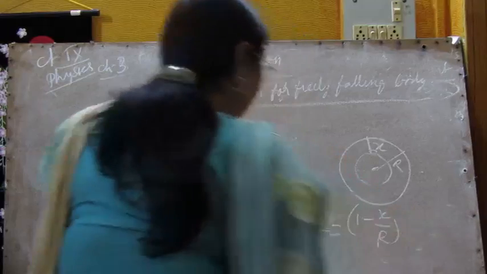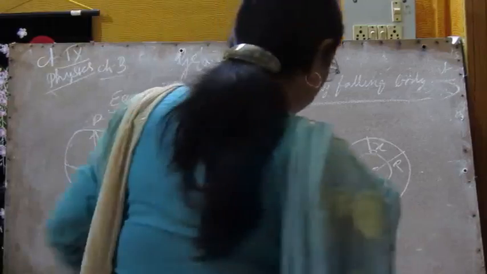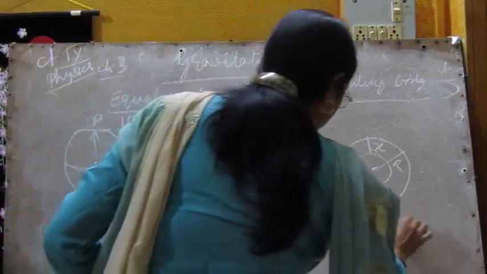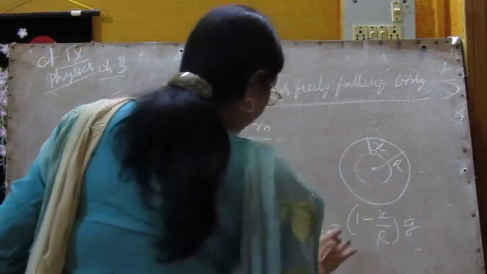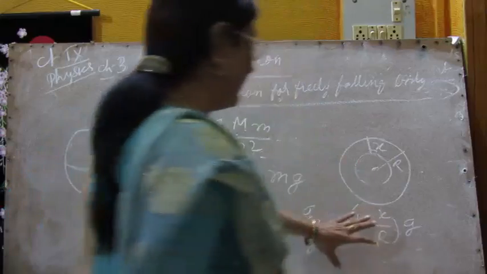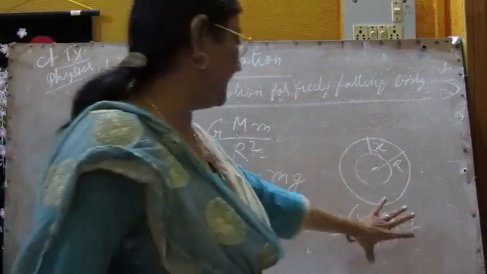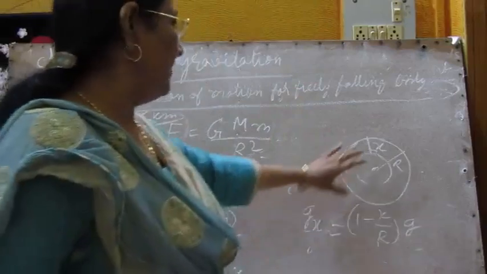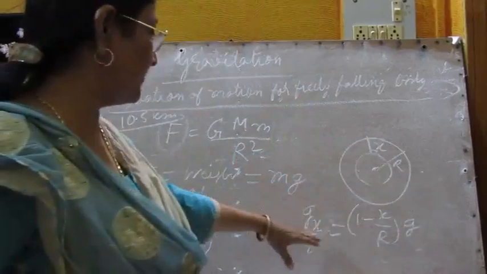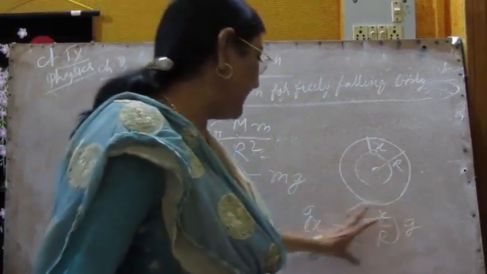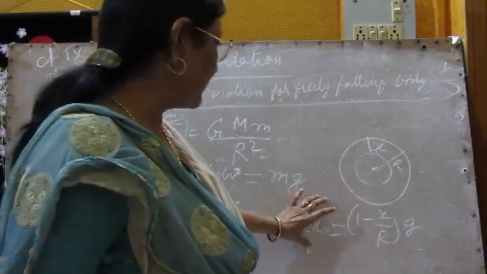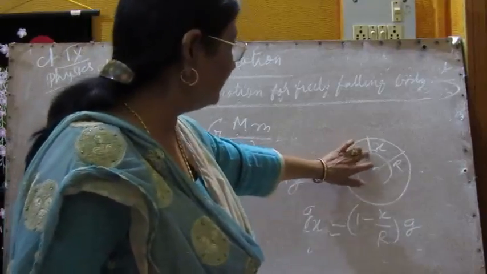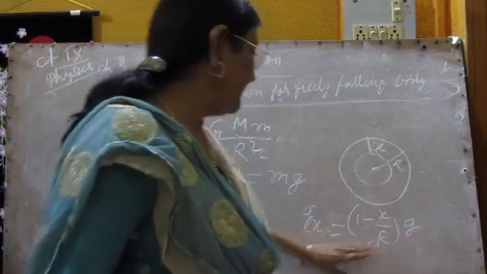In class 11 you get the derivation, but for your concept, the acceleration due to gravity inside the earth will vary in this way.